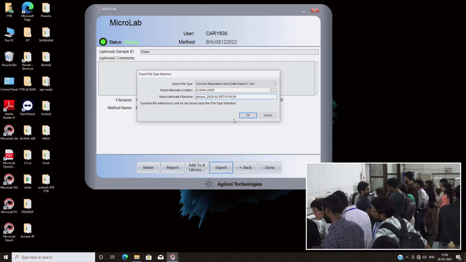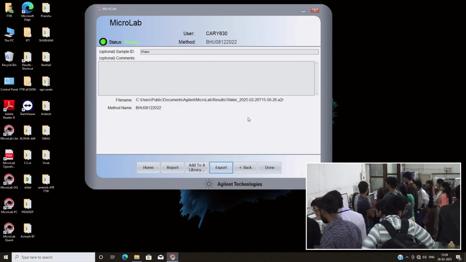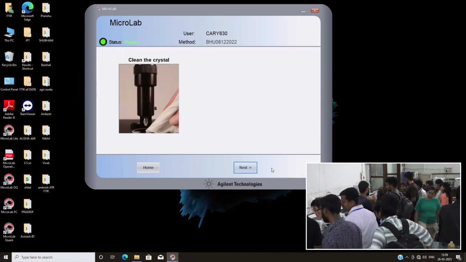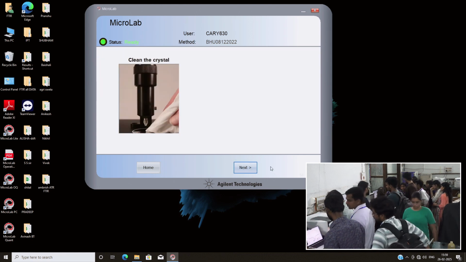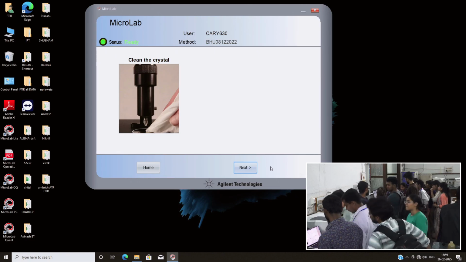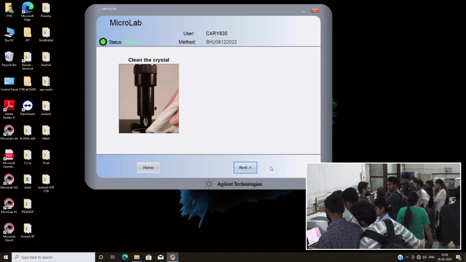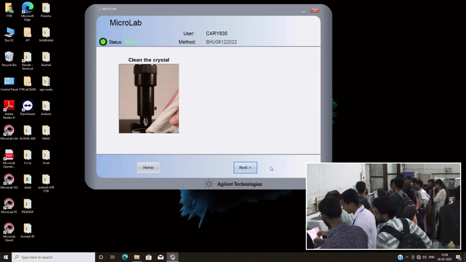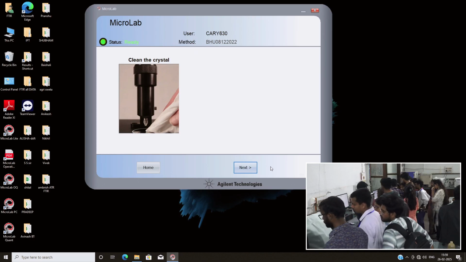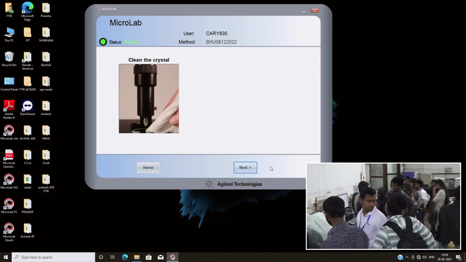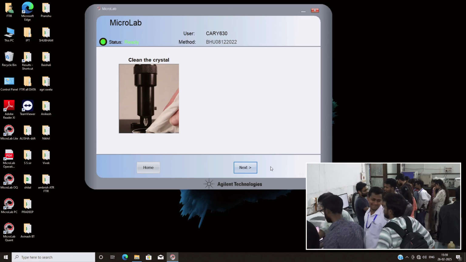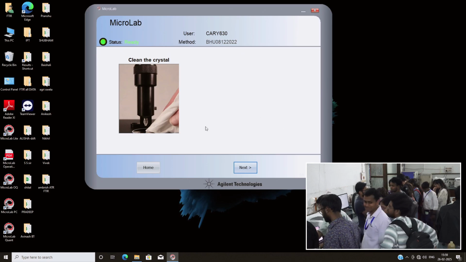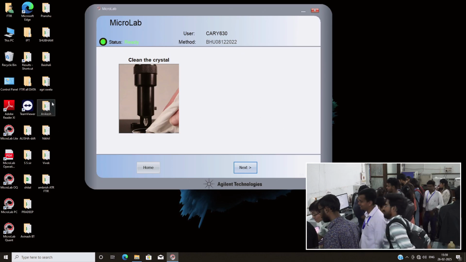Then glucose. Let's move to the PC and do the analysis. When the measurement finishes, please move to your PC.